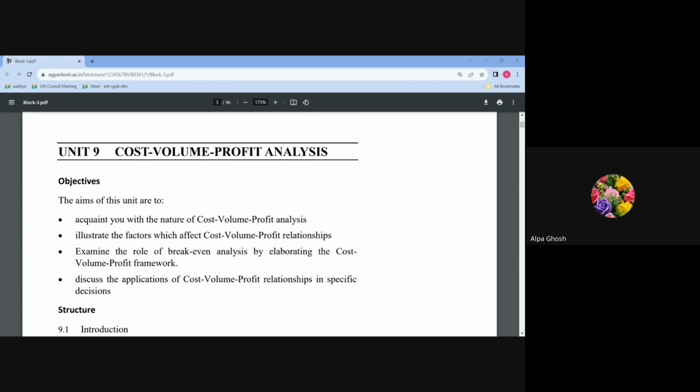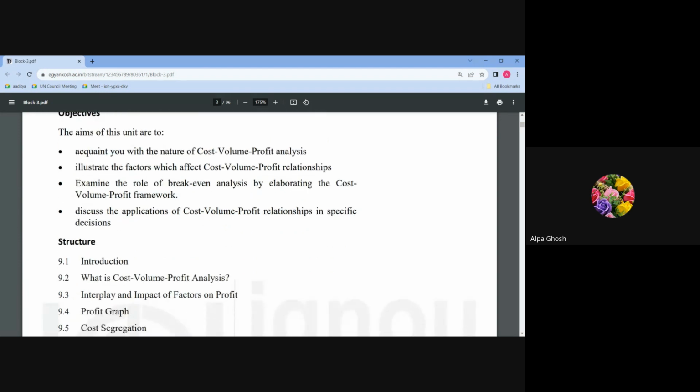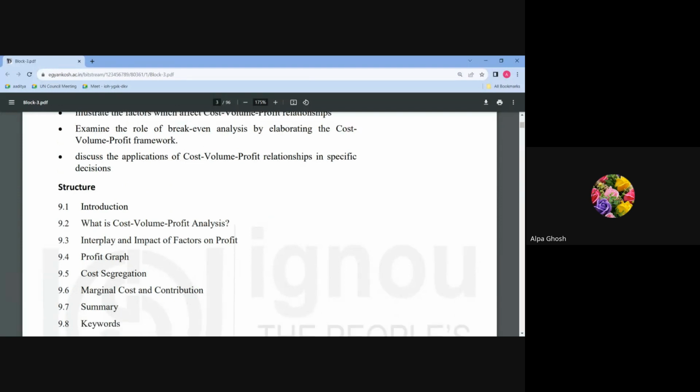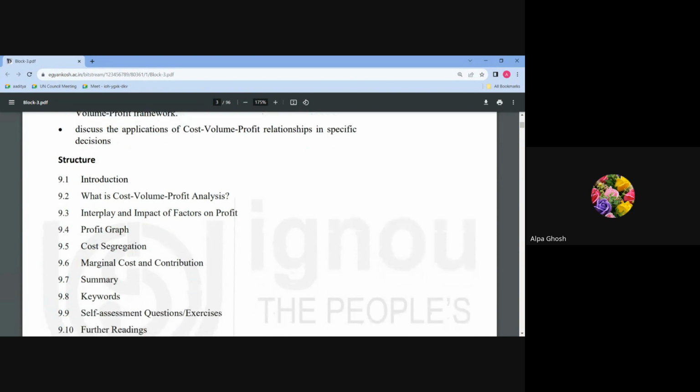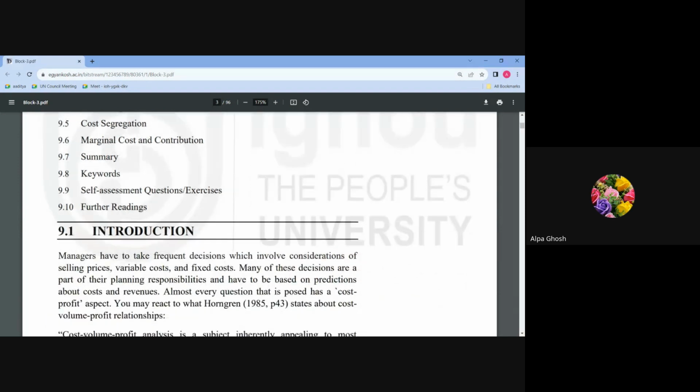So when we start with the structure, we will study what is CVP analysis, that is cost volume profit analysis, how it is impacting, how the factors are affecting your profit, how we are going to find the different costs, and then of course the keywords.